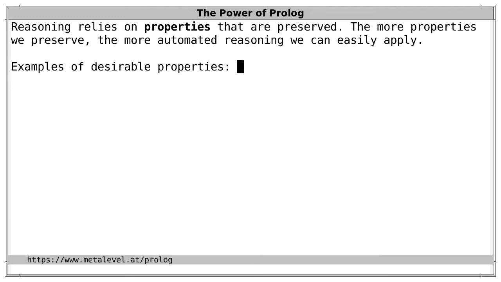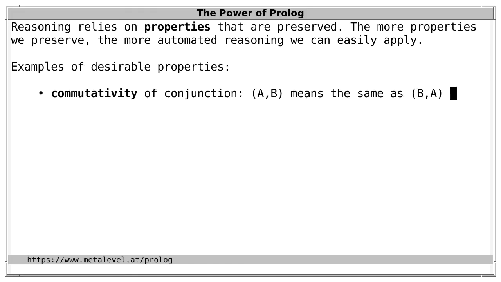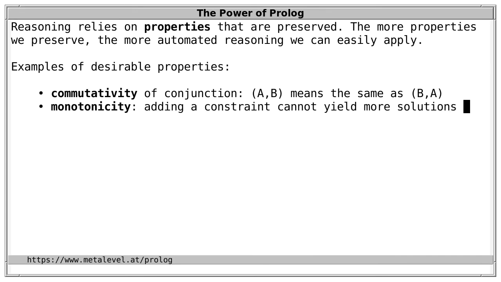And we've already seen examples of desirable properties, such as commutativity of conjunction, which means that we can rely on A and B to mean the same as B and A. So we can exchange goals and therefore also automatically try different orders of goals to deduce logical consequences. Or monotonicity, which means that adding a constraint can at most yield fewer solutions, never more solutions.